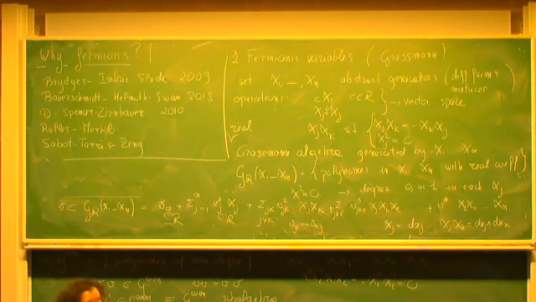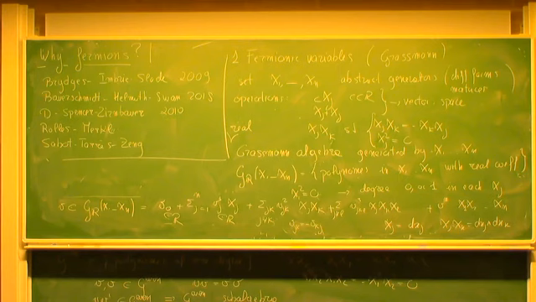I can define f as a function that goes from G even to G even in the following way. Take any element v in G even, so it will be body plus soul.